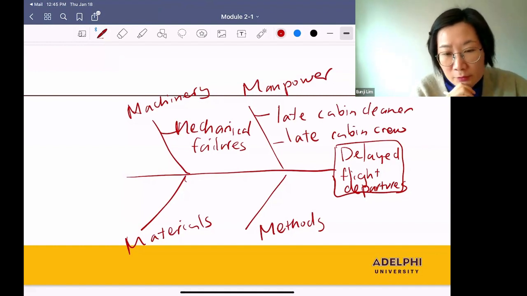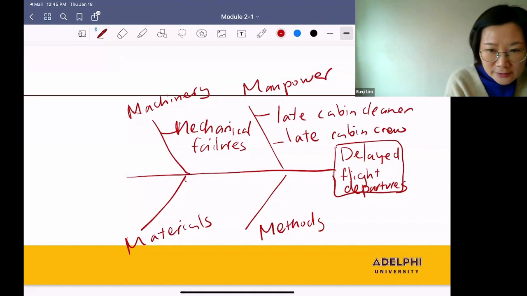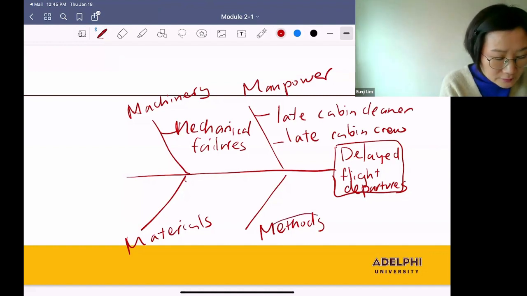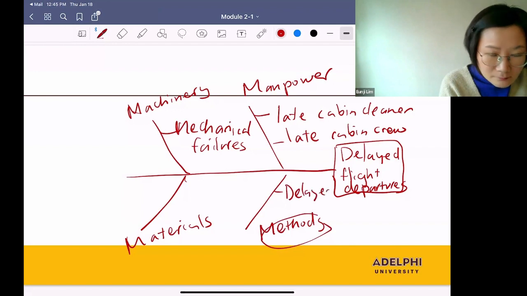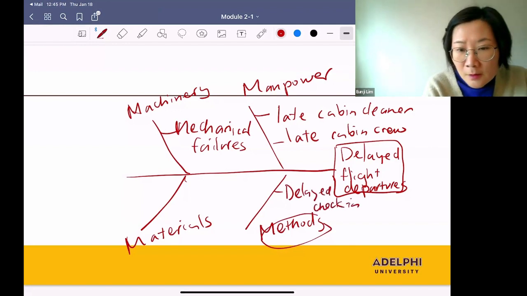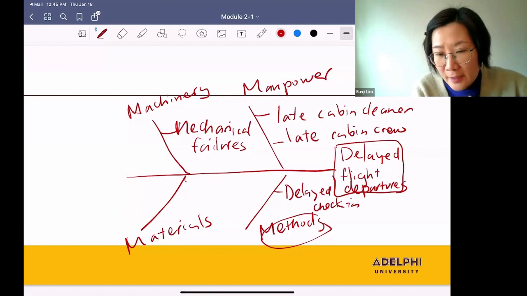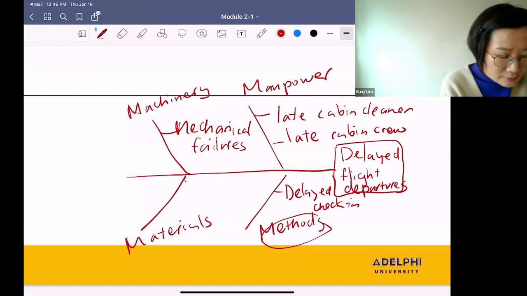Is the check-in procedure delayed? Delayed check-in procedure. Where does it belong? Method, right? Delayed check-in. Or are we waiting for late passengers? Late passengers.